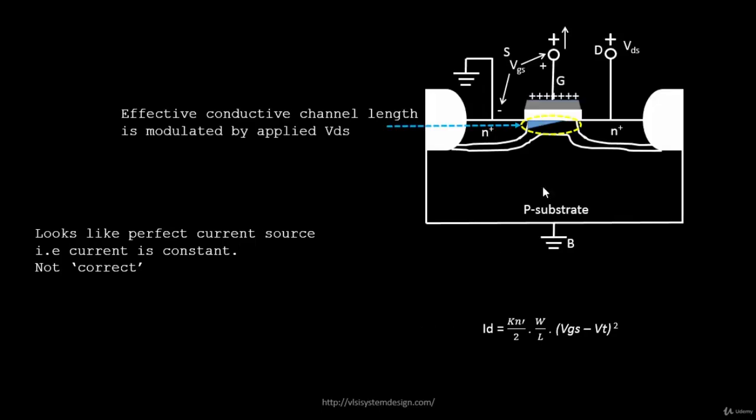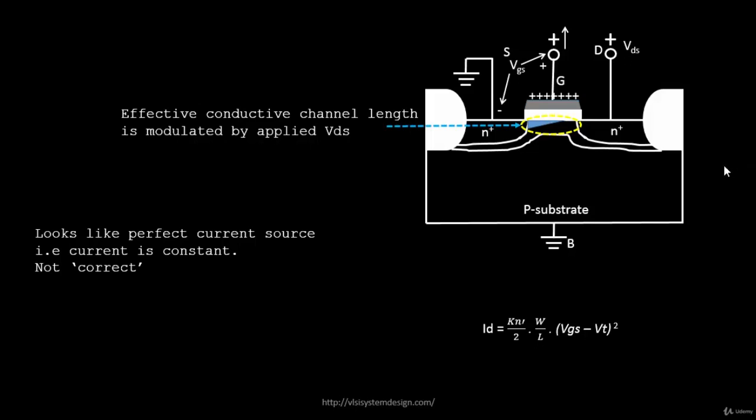If you see the effective channel length over here, as and when you increase your VDS even beyond limits, this effective channel length reduces. So it gets modulated by the amount of VDS that you increase. So it's still not constant; the drain current increases a bit whenever you increase your VDS.